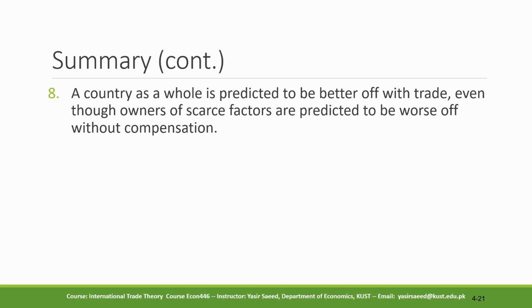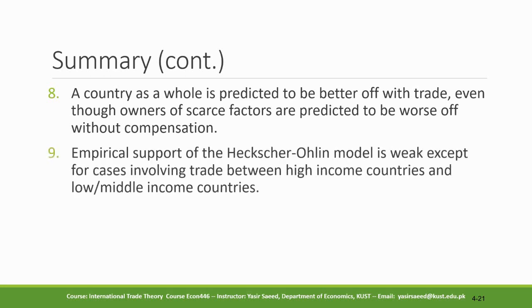But when we are trading, we can consume on the iso-value line, and the iso-value line, except for the point where we are producing, is usually higher than the production possibility frontier. So we consume more than we are able to produce.